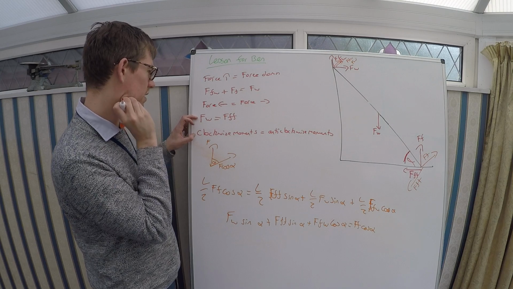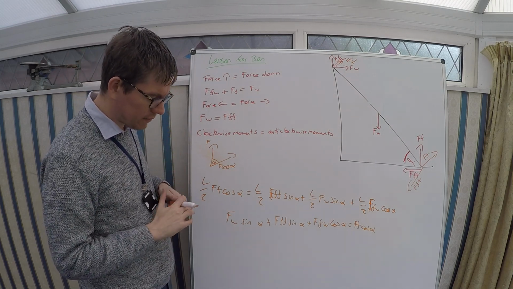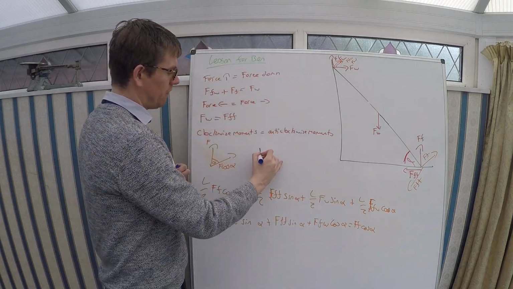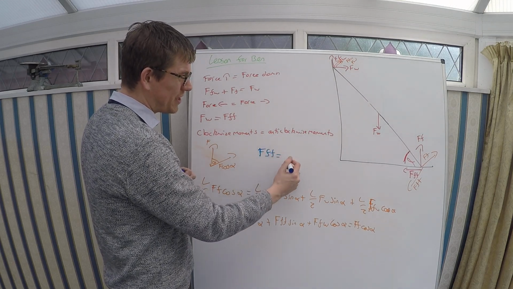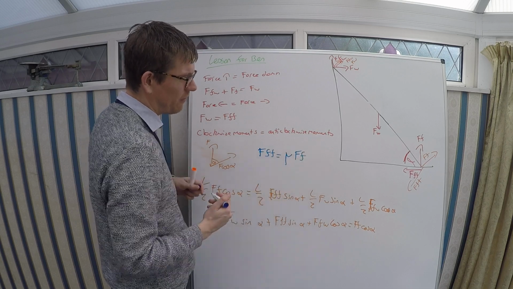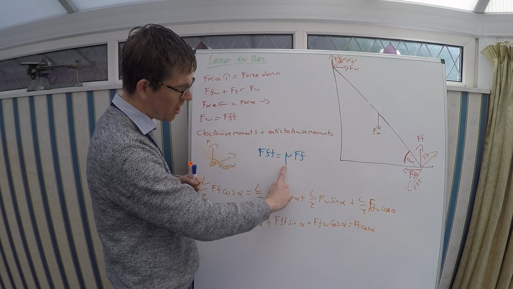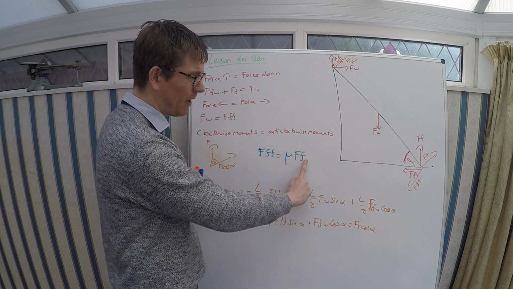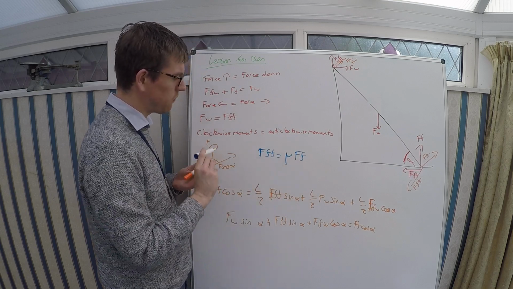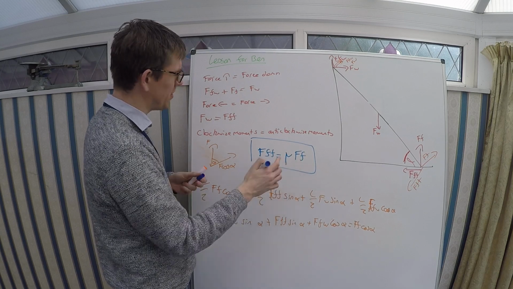And you also know that the frictional force from the floor is equal to mu times the force coming off the floor, because whenever we have a frictional force, it's just the coefficient of friction multiplied by the reaction force. So you get this for free. You know that this must equal the same coefficient times that.